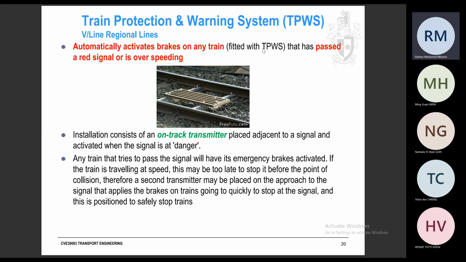This activates brakes in any train that is fitted with TPWS and has passed the red signal. That means they have gone over the speed limit and over the point where they are supposed to slow down, but the train did not slow down, so this will be activated to stop or slow down the train.